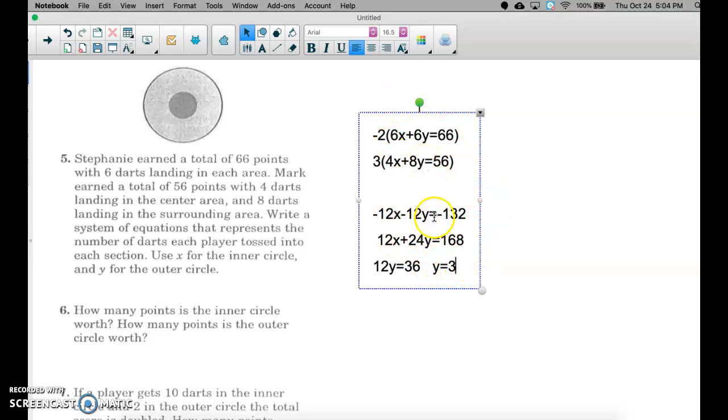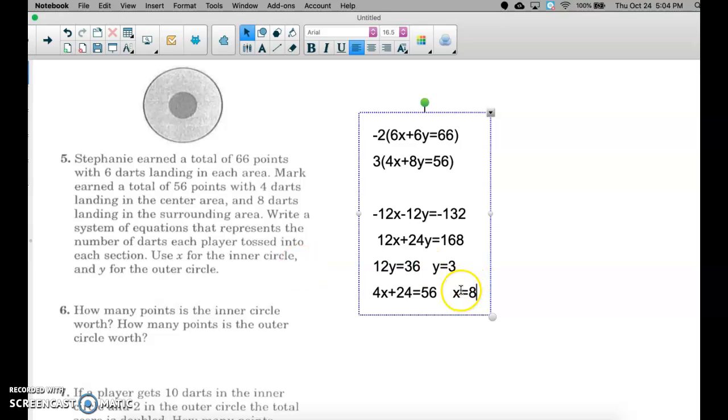I don't have to plug it into these because these are just a more complicated version of the originals. So I'm going to plug it into this one here. And I get 4x plus 24 because I did that 8 times 3 equals 56. Solve it. 4x equals 32. And I get x equals 8.